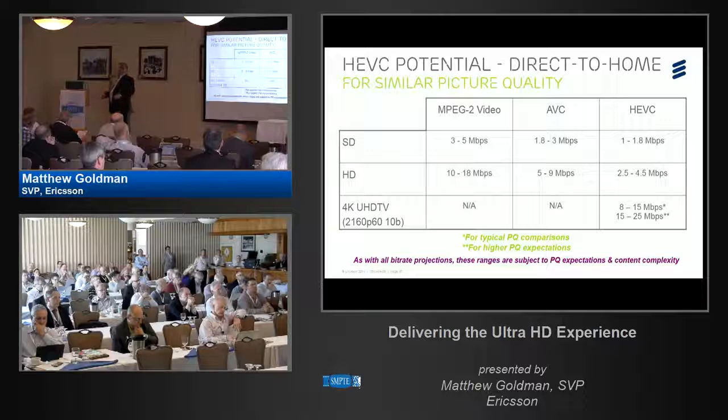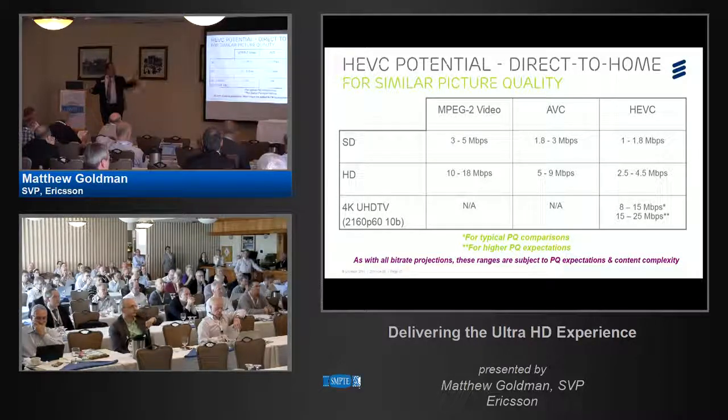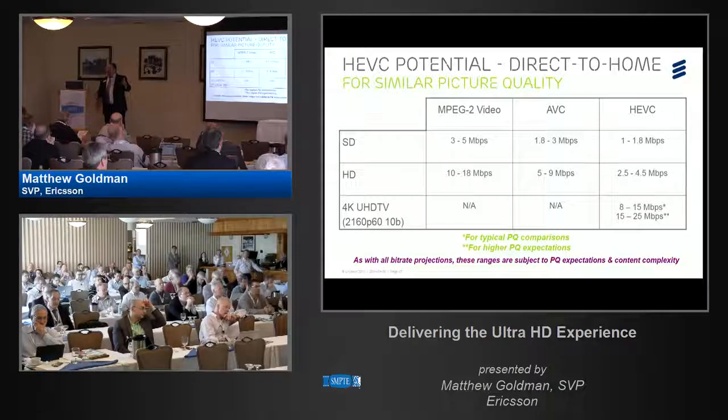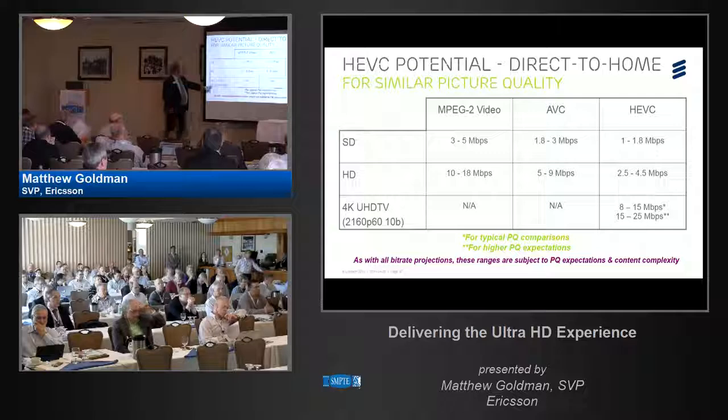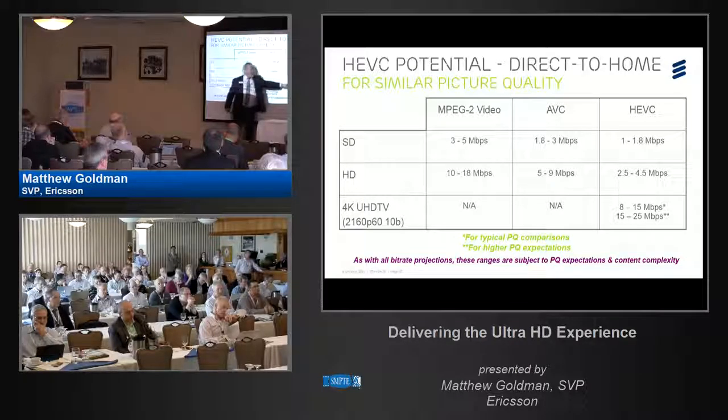Okay, yeah. You're implying the 8 to 15 is 8-bit encoding and the 15 to 25? No, I'm implying that if I go and extrapolate from today's existing codecs in HD and do the math, because I'm a compression company, extrapolate where I would get to with HEVC using the HEVC model, still 2160p 60 10-bit, I would get here, but I'm saying to you those pictures don't pop enough.